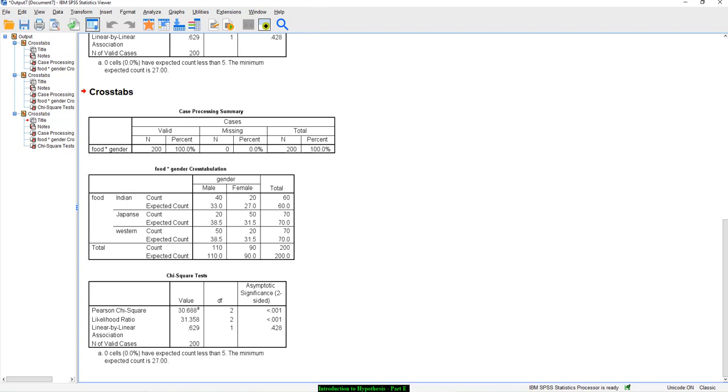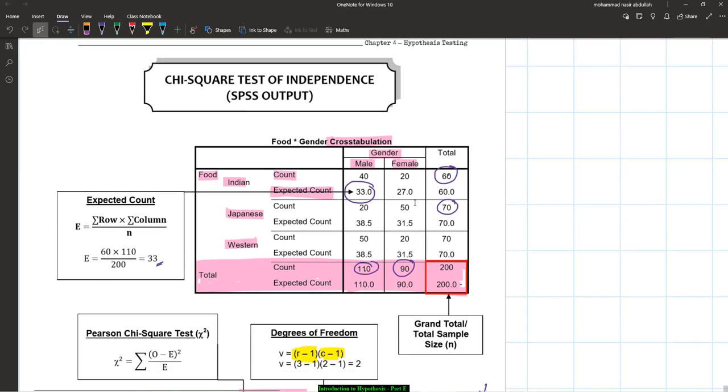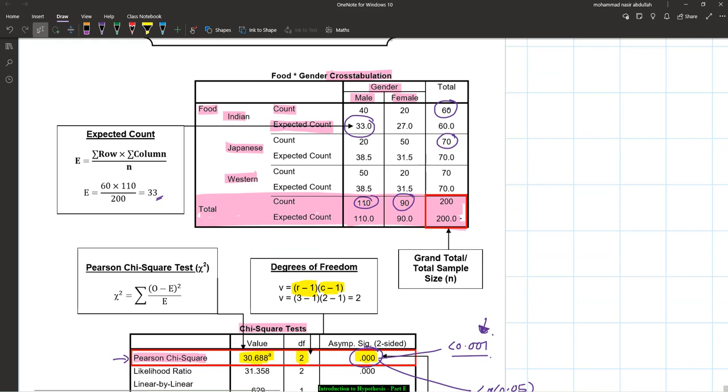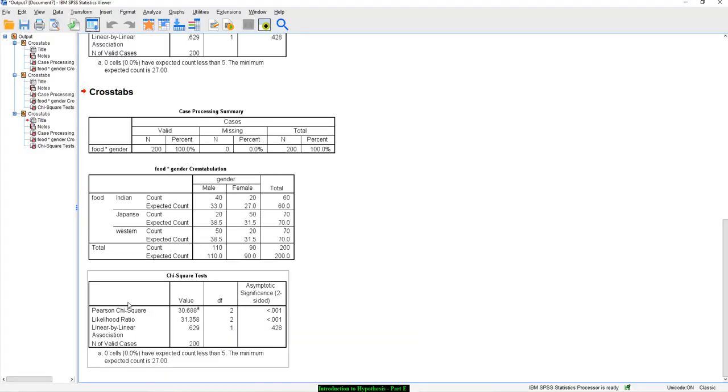This is the same table that we got here, and then we will get the chi-square tests table. So notice that for a newer version, this is IBM SPSS version 28, the p-value is no longer stated as 0.000.